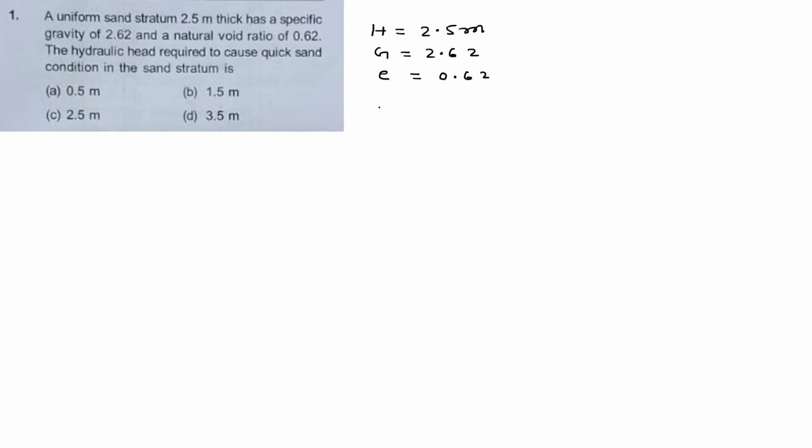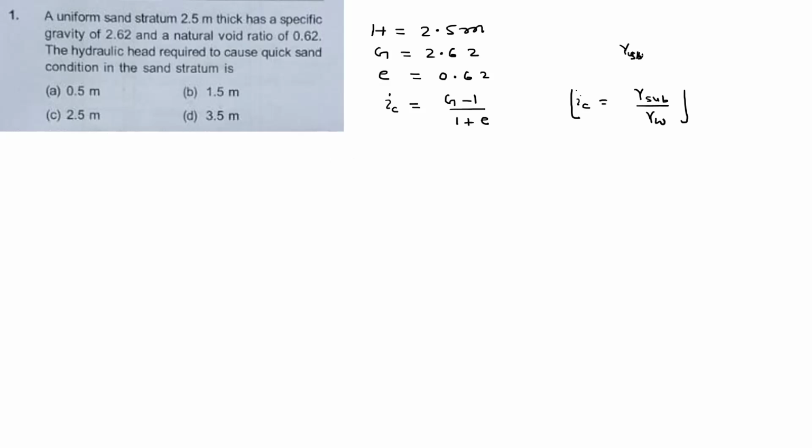So for quicksand condition, the critical hydraulic gradient i_c is equal to (G minus 1) divided by (1 plus e). Okay, i_c is nothing but gamma submerged by gamma w. And what is gamma submerged?